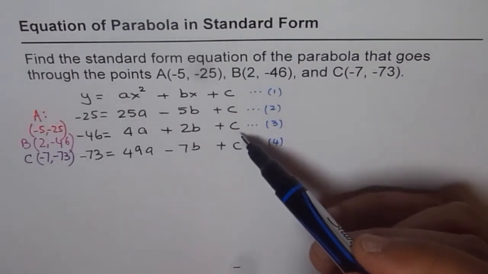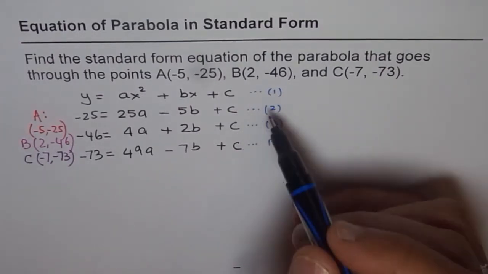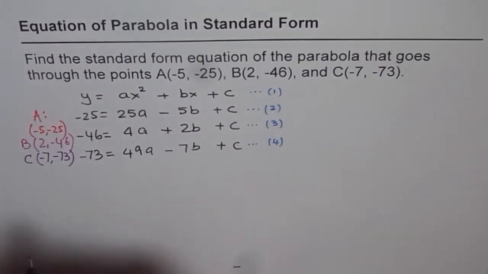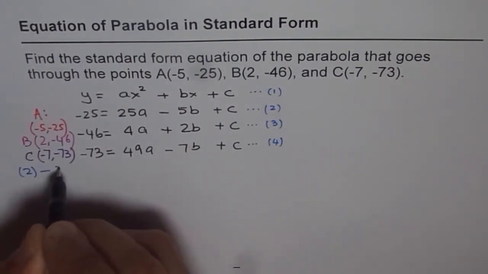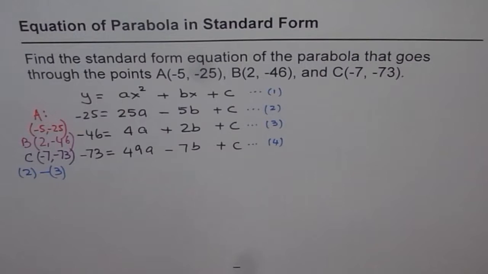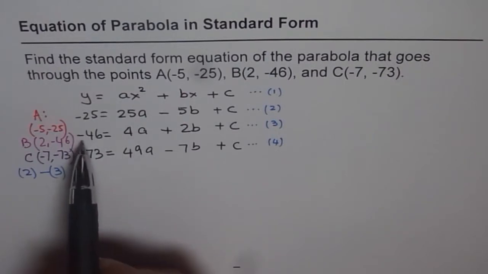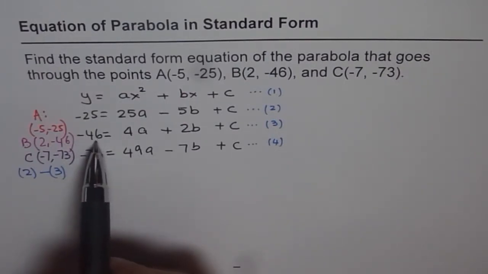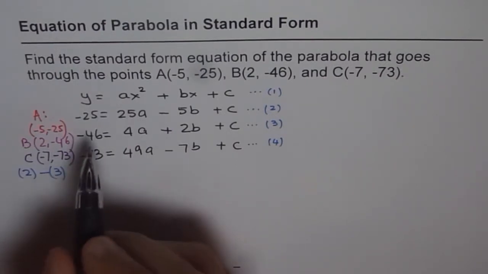Let's start with c. To eliminate c, we can do 2 minus 3, so equation 2 minus equation 3. These are the instructions on the left which we'll follow and simplify. When I do -25 minus (-46), 46 becomes positive, so it becomes 46 minus 25, which gives us 21.